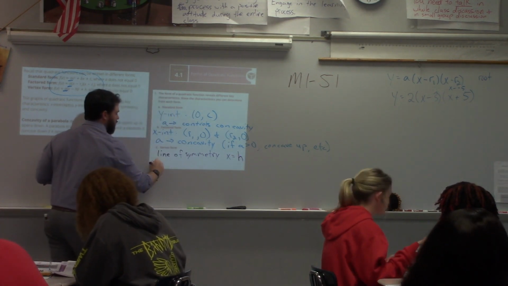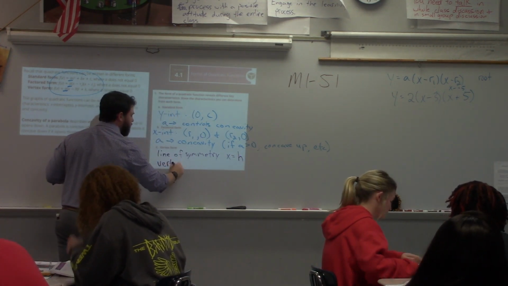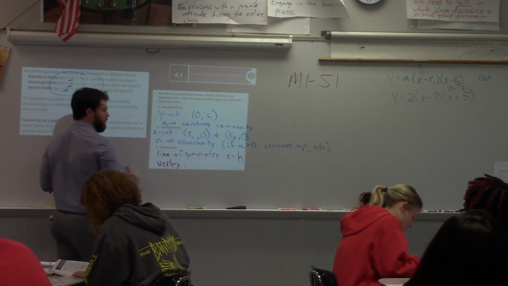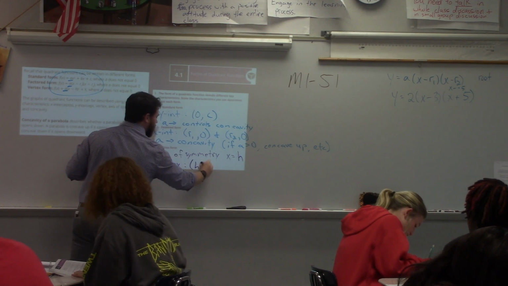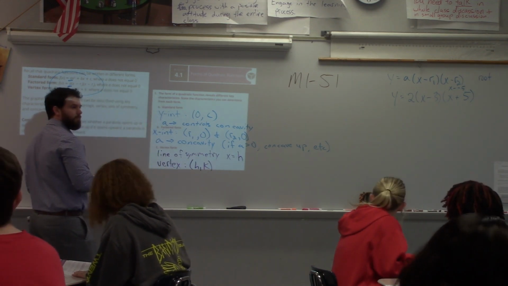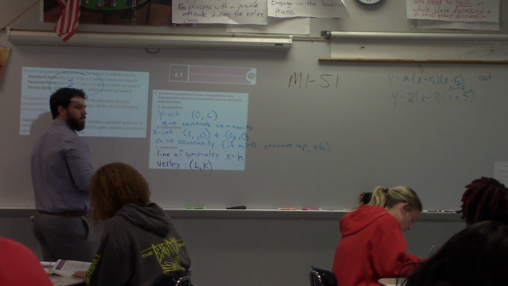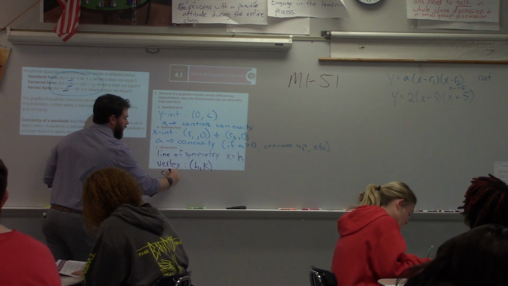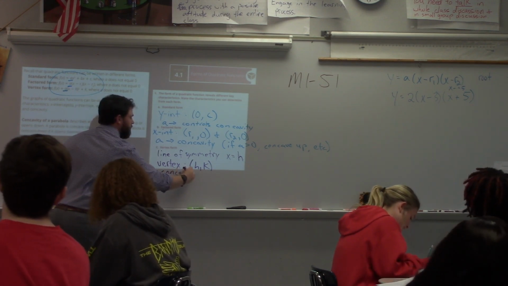Vertex. Literally it's vertex form. So H and K give my vertex. And the last feature? The A is controlling my concavity again. So concavity.